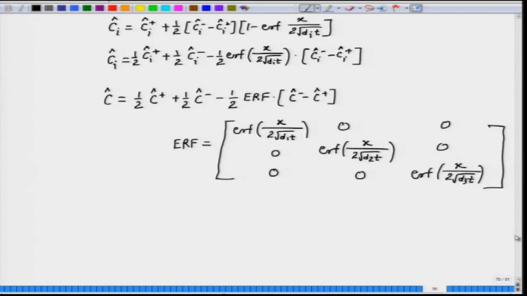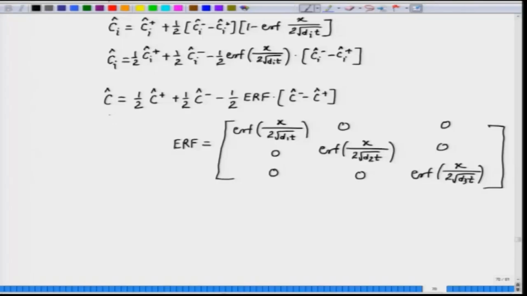Now, to get back to the original basis, what we need to do? We defined the cap basis as P inverse times C equal to C cap. So, if we pre-multiply now by P, we get back the original matrix. If we pre-multiply by P on both sides of this equation, P times C cap is the matrix C, which should be equal to P times C cap plus, that is C plus, the matrix of independent concentrations of right terminal alloy.